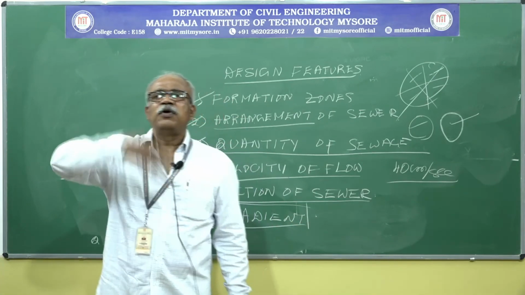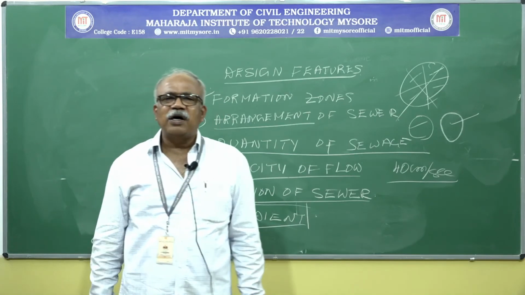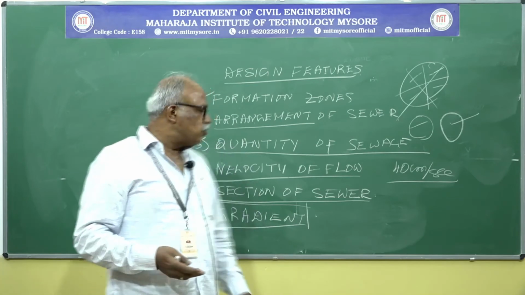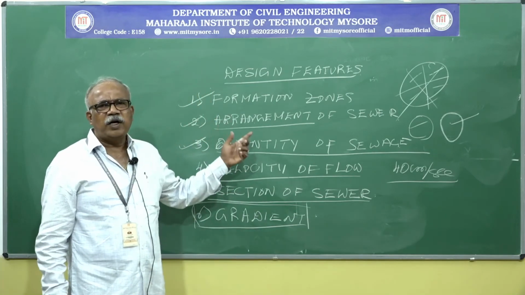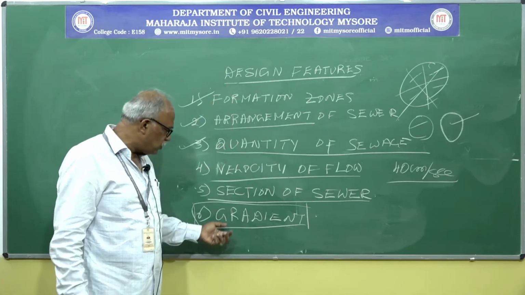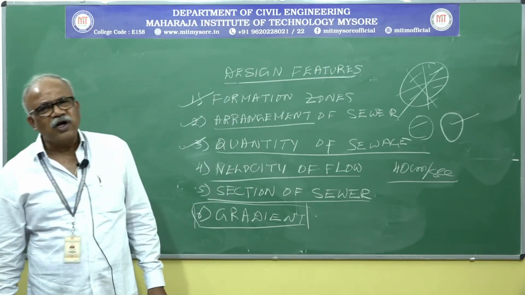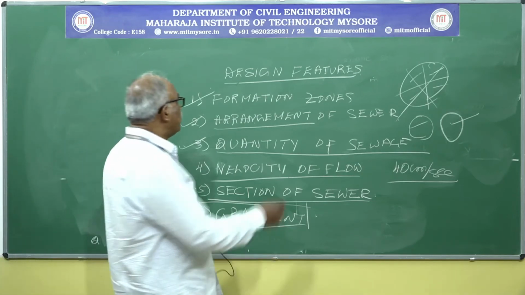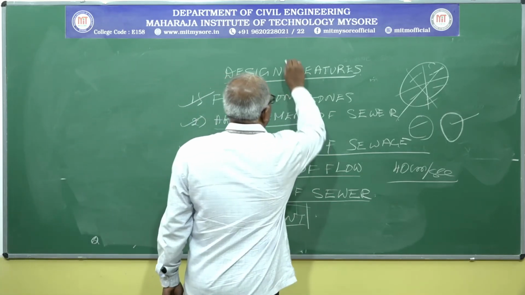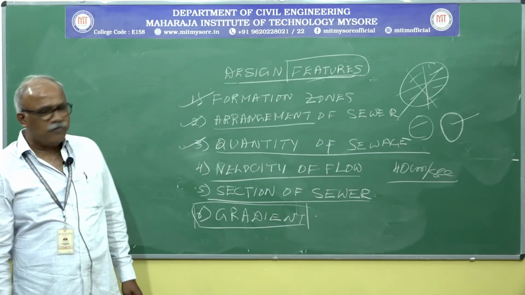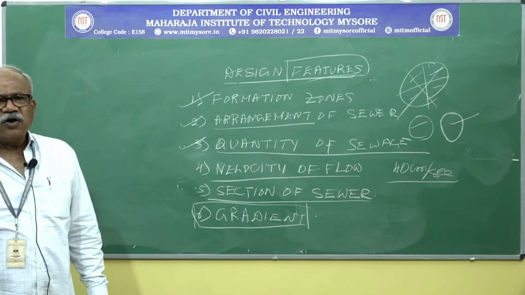A lot of difference is there, because according to the terrain and the area, they provide that gradient. So in these design features, the gradient is a major concept while designing the sewer network. This is the concept of design features. Are you clear or not?